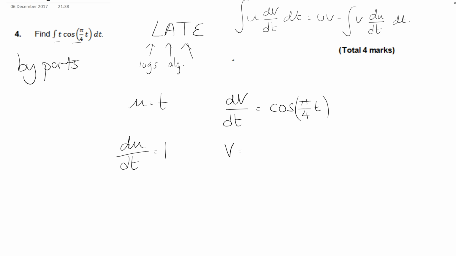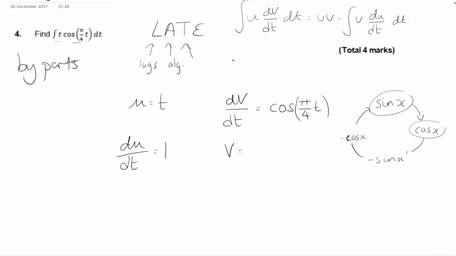Now we know, if we don't know, let's quickly draw out our little thing to help us. Sine x differentiates to cos x, differentiates to minus sine x, differentiates to minus cos x, differentiates to sine x. So the arrows are for differentiation, so if I'm going the other way, cos x integrates to sine x.